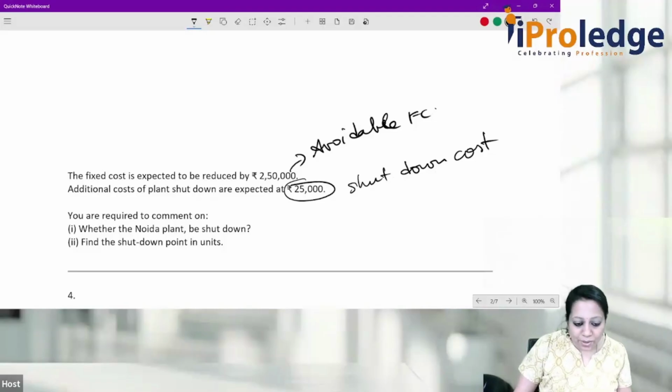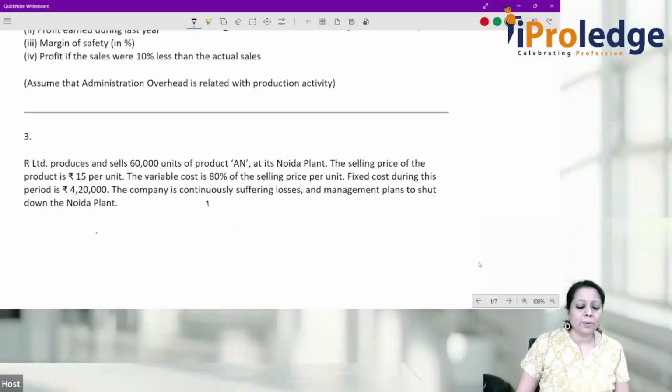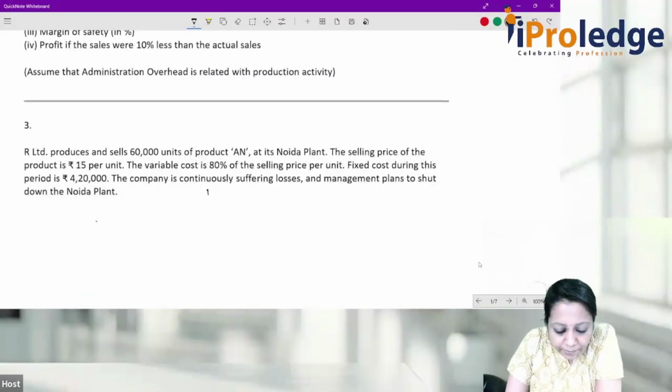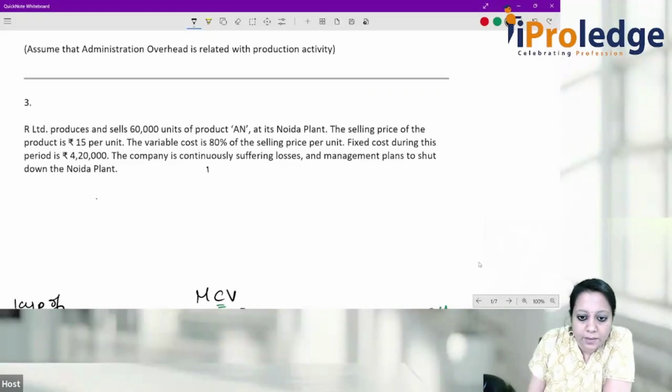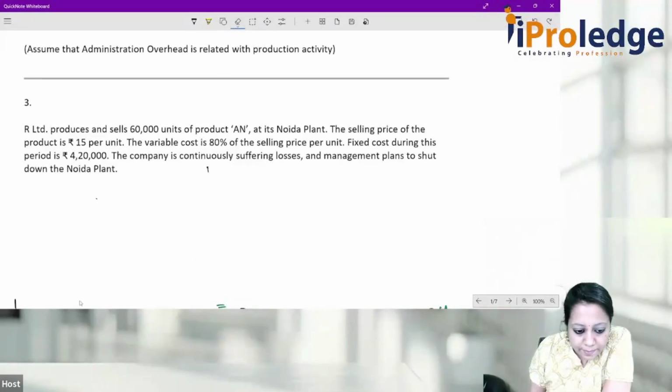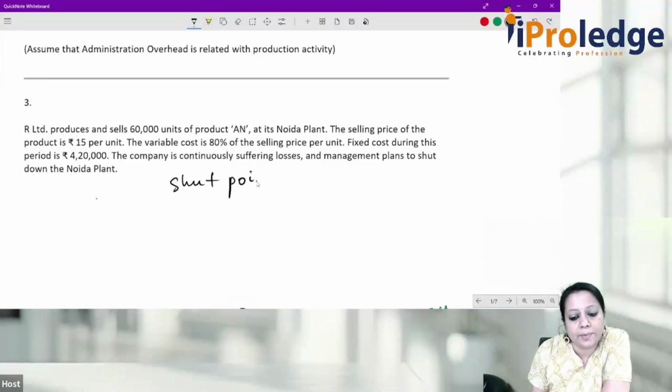You are required to comment on whether the Noida plant is to be shut down or not. Find the shutdown point in units. It's very simple. So first of all, what is the shutdown point formula?